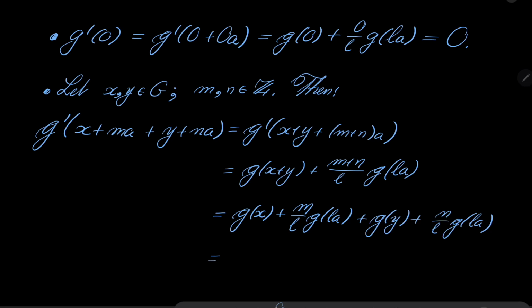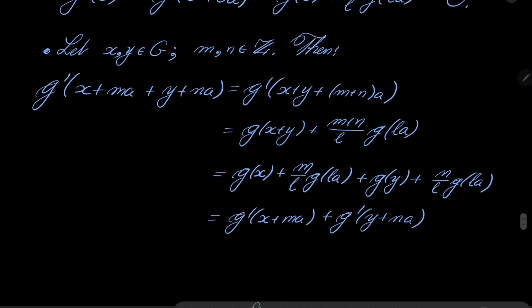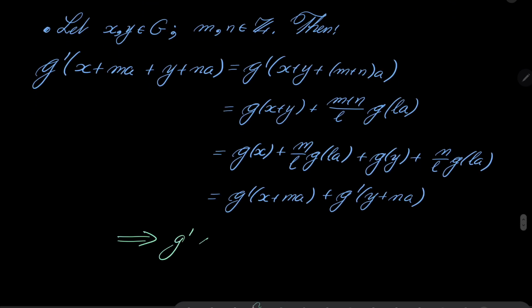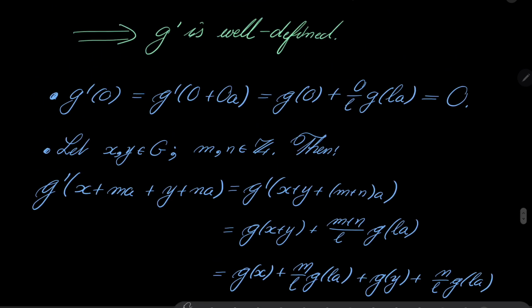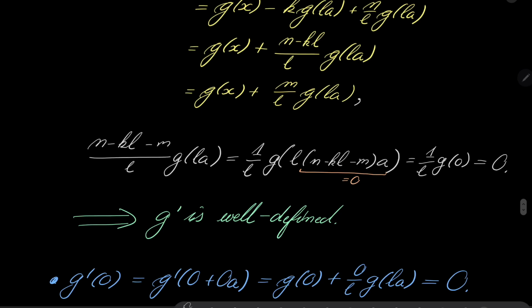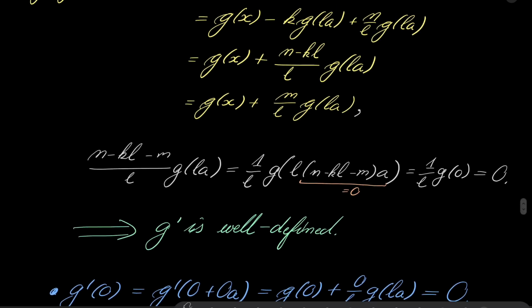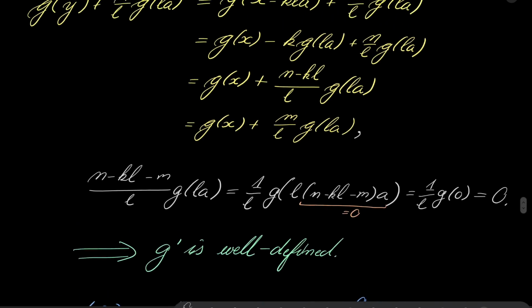And this first part is exactly g prime of x plus ma, and the second part is exactly g prime of y plus na, which proves that our function g prime is a homomorphism.